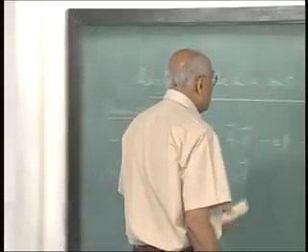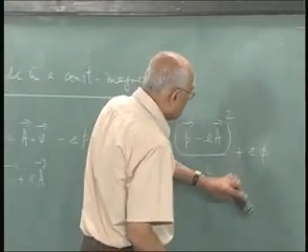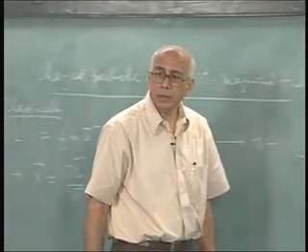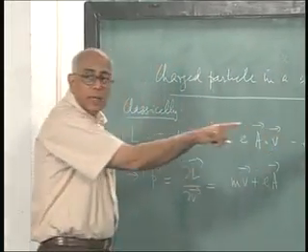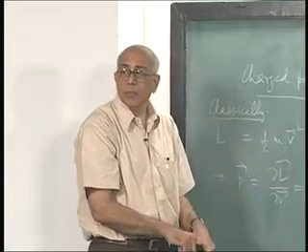So if you recall, this is all that happens, where p is the canonical momentum. Now we are working with a constant magnetic field, so we do not have a scalar potential, and what we have to do is take this as the quantum mechanical Hamiltonian, where p is the momentum operator.